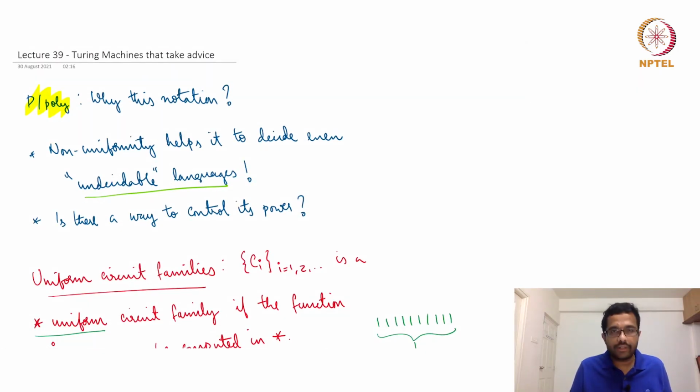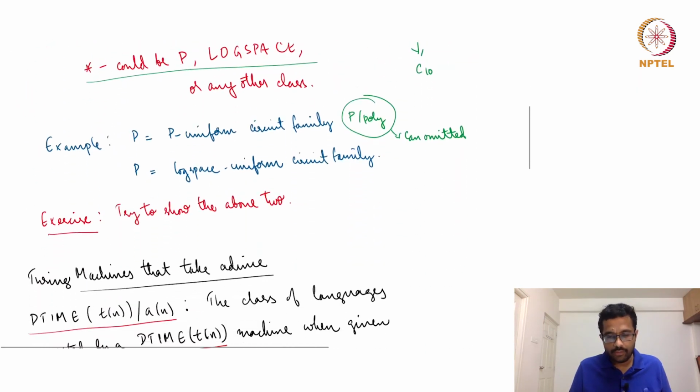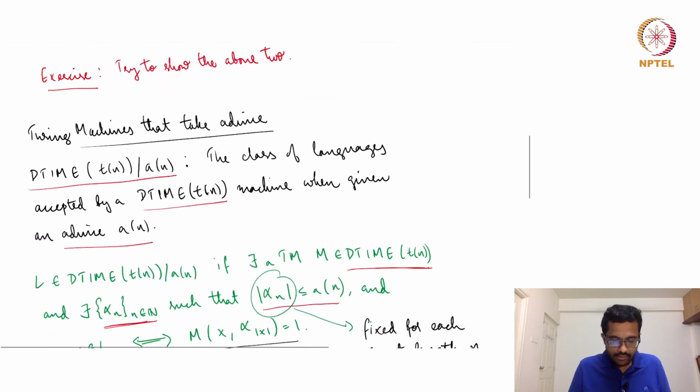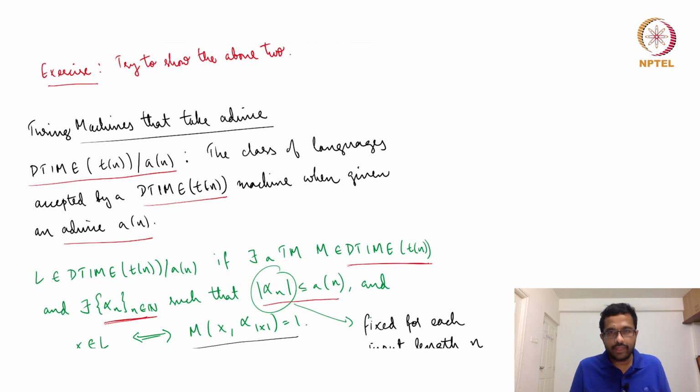So we saw what are uniform circuit families. It could be any uniform: P-uniform, log-space uniform. Then we saw the definition of Turing machines that take advice. These are Turing machines that run in time T(n), but have access to an advice string of length at most a(n), and this advice string is only a function of the input length, not the input itself.